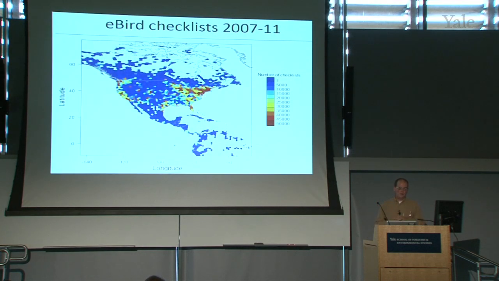So what we did was we gridded out all of the eBird checklists in North America. You can see some of these dark red grids have as many as 50,000 checklists in them.